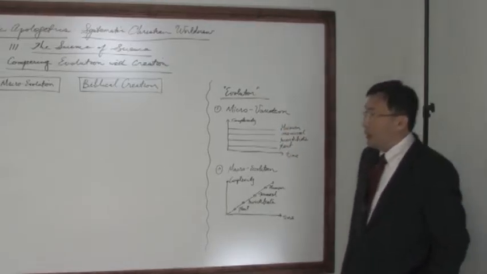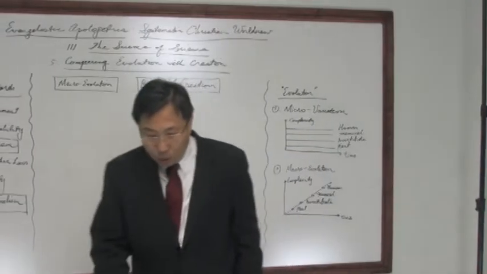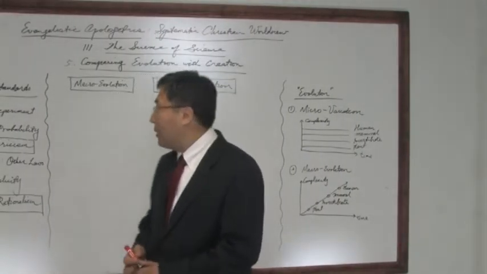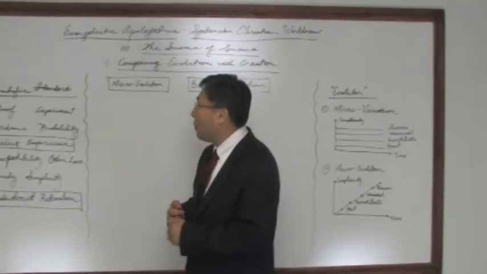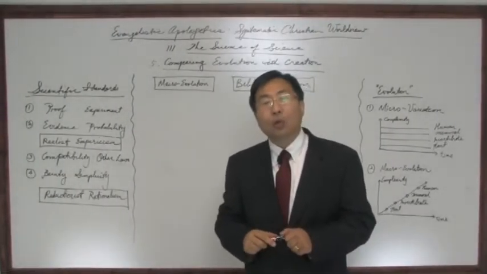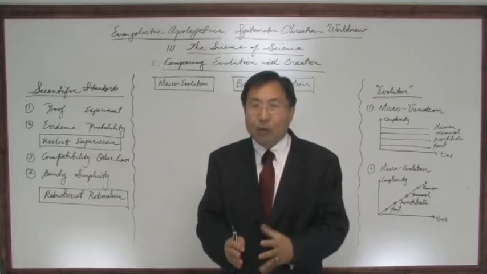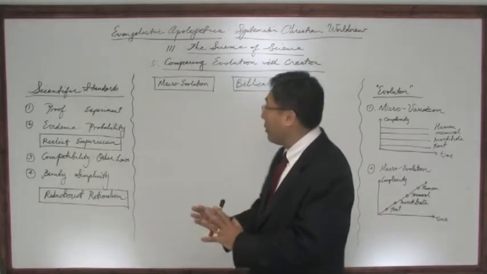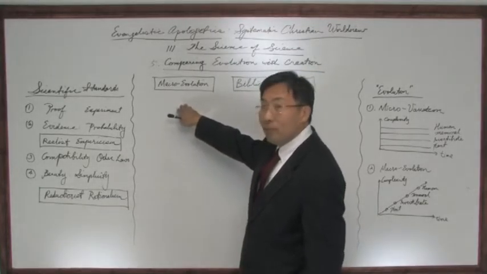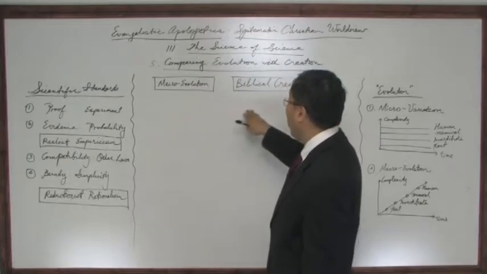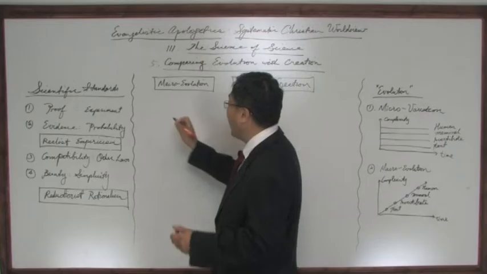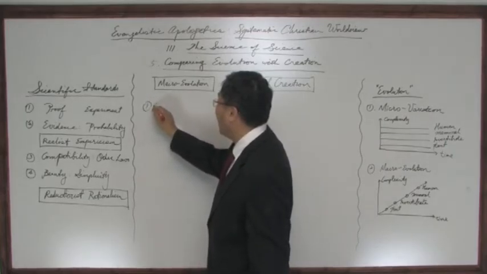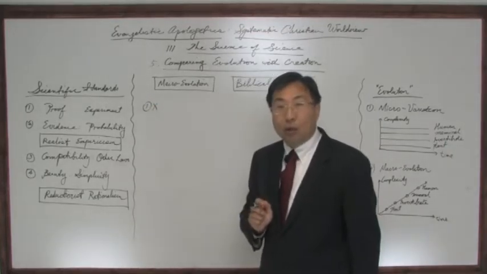And according to these 4 standards of science, number 1, proof: can we use experiments to prove either macroevolution or biblical creation for the beginning? Well, the answer for number 1 is no, you cannot do it.